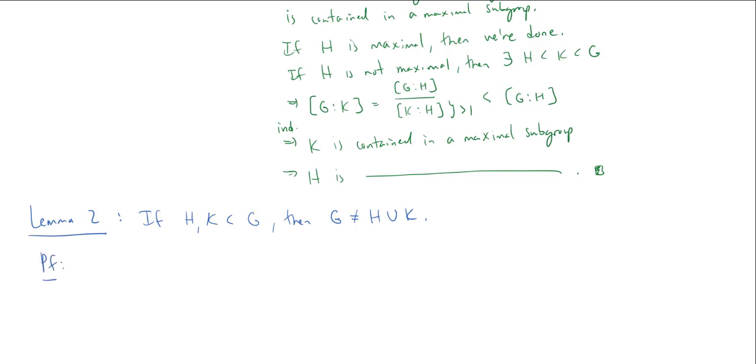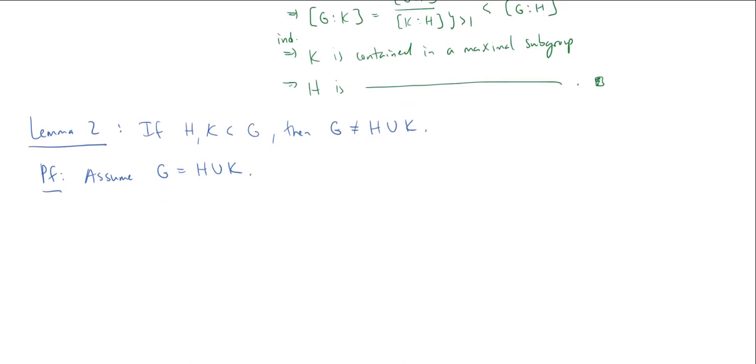All right, so let's do the proof. This is actually a fairly straightforward proof. So let's prove this by contradiction. Okay, so we're going to assume G is equal to the union of H and K. So first, what if H was a subset of K?